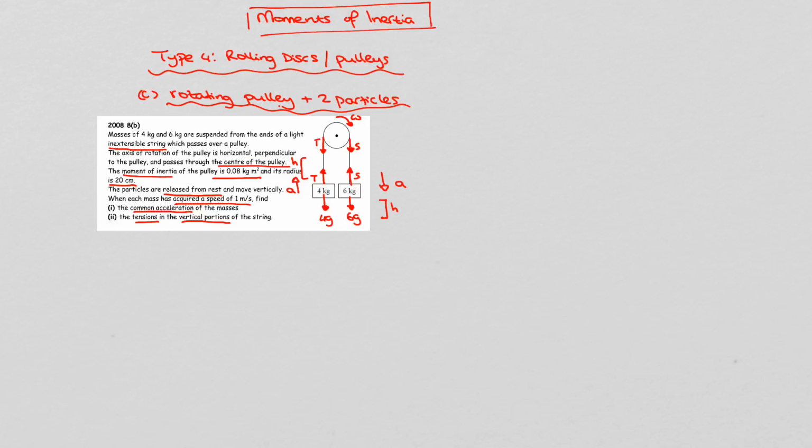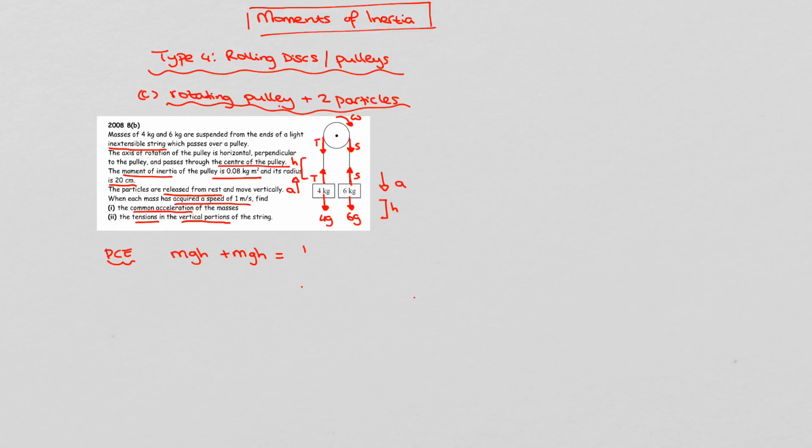The first part of the question is that we have to find the acceleration. To get our acceleration, we need our principle of conservation of energy. So let's have a look at it. We're going to have our change in potential energy, and we have 2 particles this time, so we'll have 2 potential energies, equal to the change in kinetic energy.